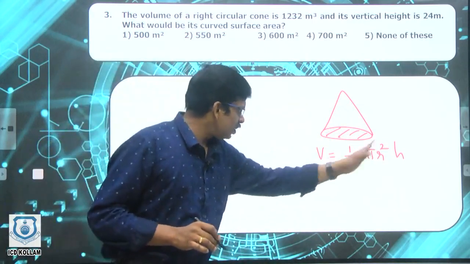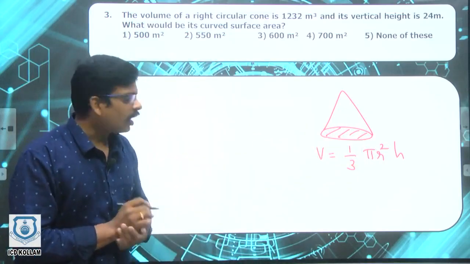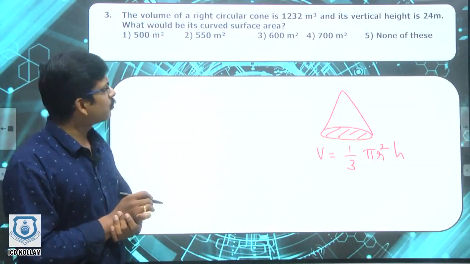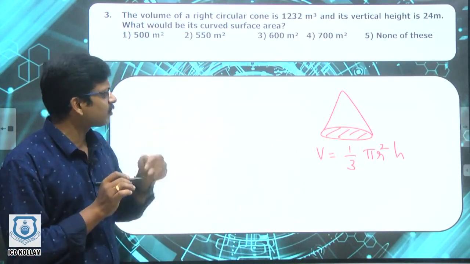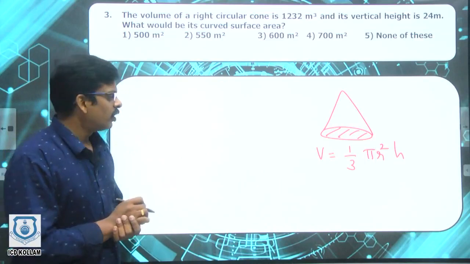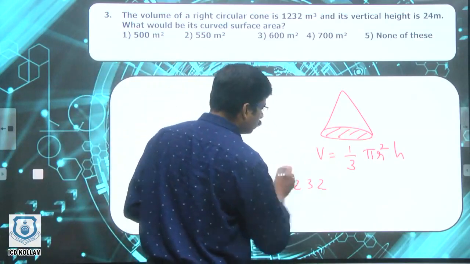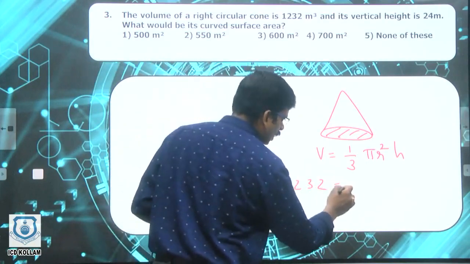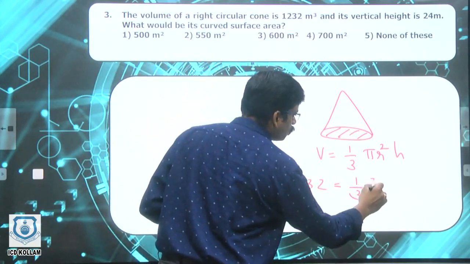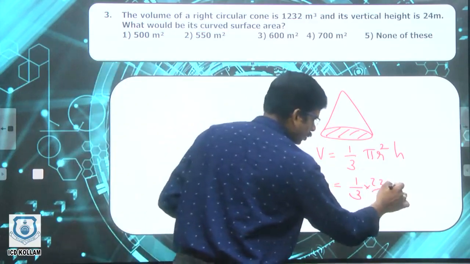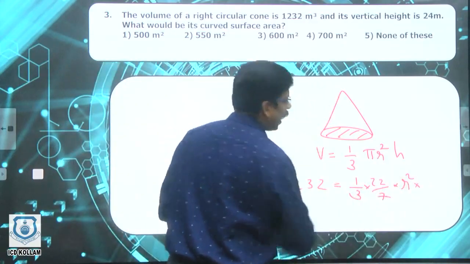So this is the formula, and you can find the radius by using it, because you know the height is 24. So 1232 is equal to 1 by 3 of 22 by 7 r square into h.